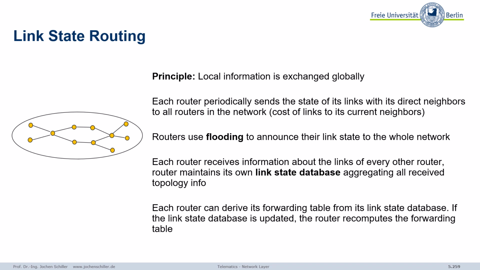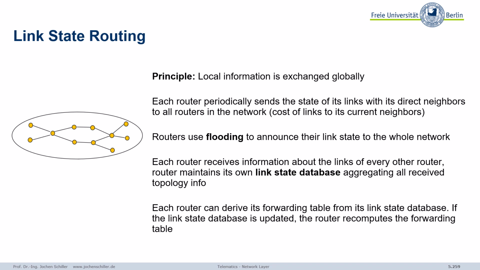So that's the difference to distance vector, where you only see your neighbors and try to create an optimized table. And here we have this global view and then try to find a perfect path. So the router can then derive the forwarding table from this link state database. And if you have an update for the link state database, then the router recomputes the forwarding table.